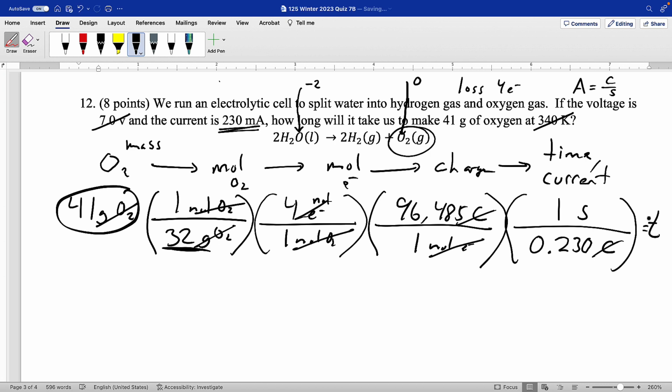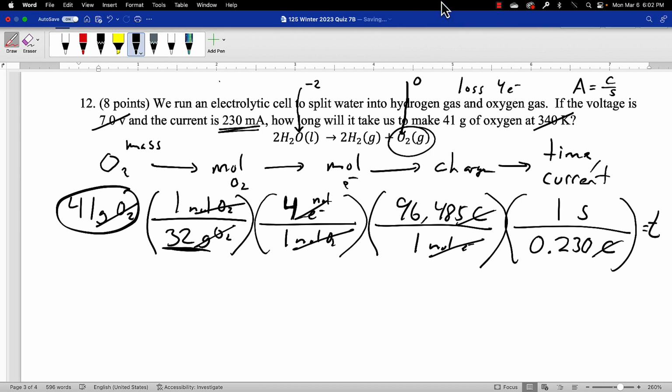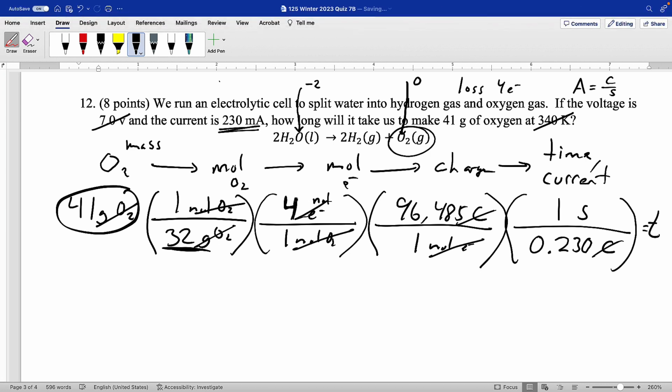That makes sense because the higher the molar mass, for a given mass of stuff, it's fewer moles, and fewer moles would be easier to generate. This 4 is on top. Does that make sense? It does. It's increasing the time because even though we only want to make a certain number of moles of oxygen, we have to produce 4 times as many electrons to get it to work. So that should be on top.